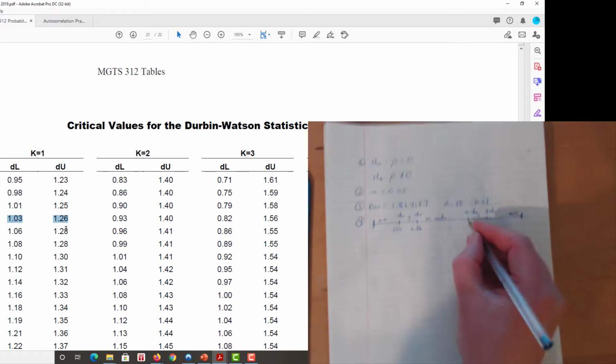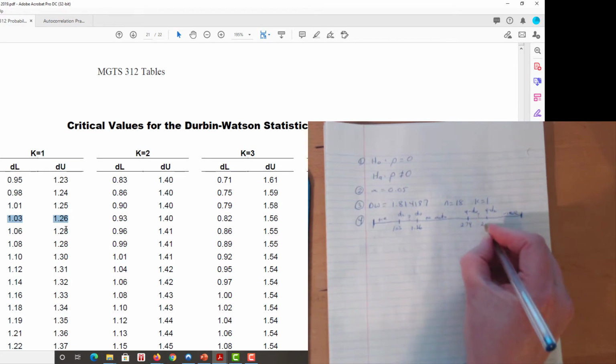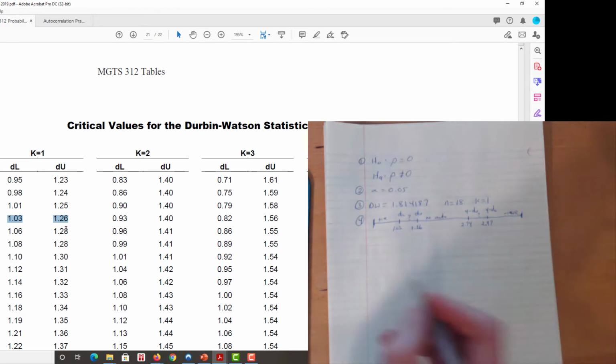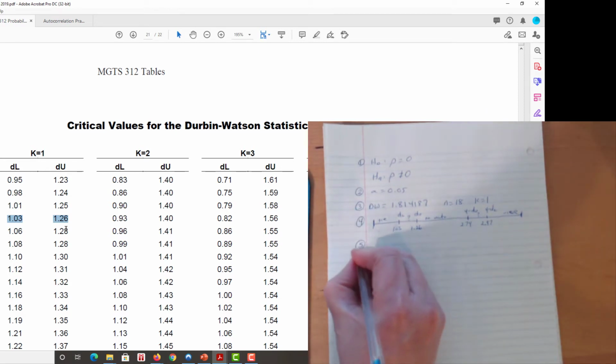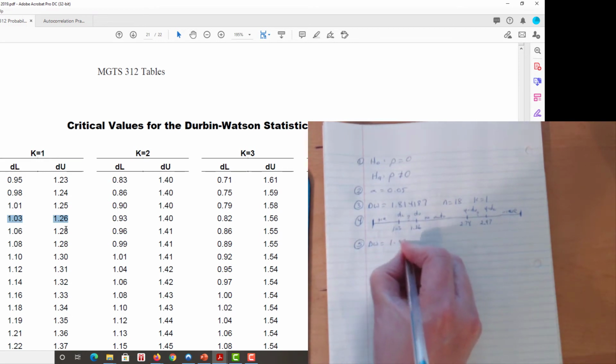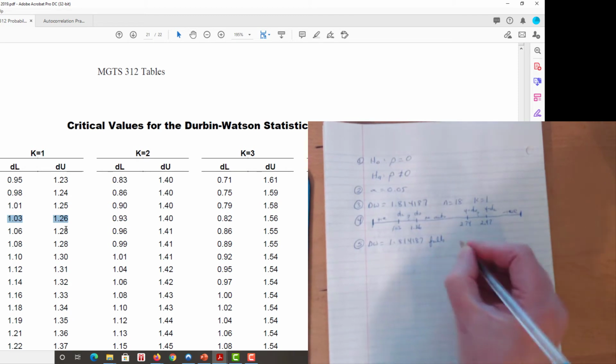Next step, 4 minus 1.26, 2.74, and 2.97 respectively. So step 5, our Durbin-Watson test statistic of 1.814187 falls where?